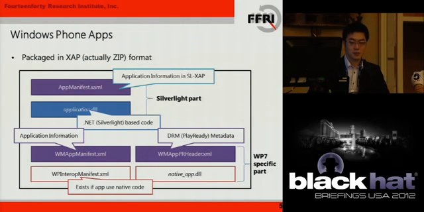It's similar to Android's manifest.xml and declares app metadata such as ID and version information and capability information, which I describe later. This is the end for normal applications, but some privileged applications have native code, which is interesting. Those application packages have a native code DLL and wp-manifest.xml, which indicates the existence of native code.